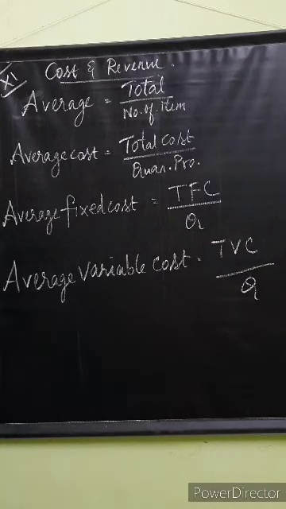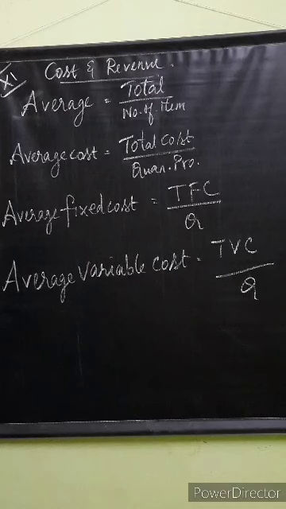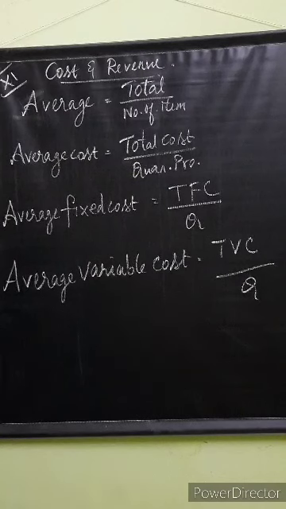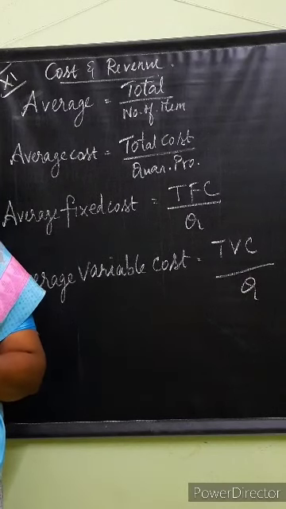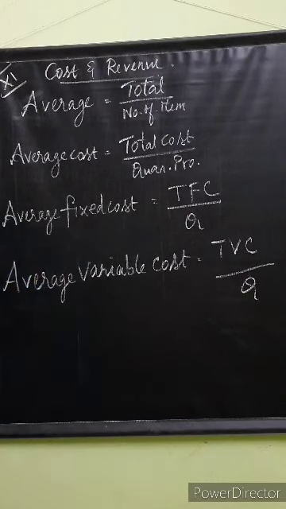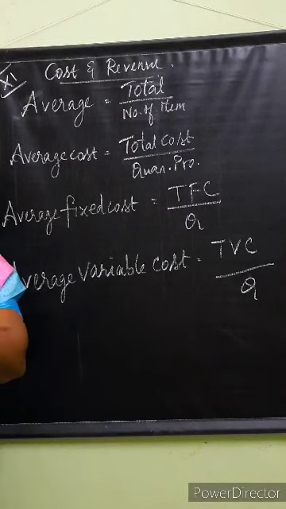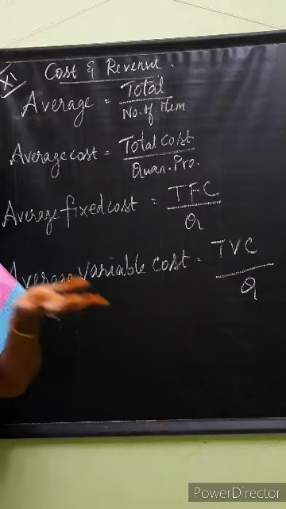Today we are going to learn the remaining part of the lesson, cost. In the previous classes, we learned what is total cost, total fixed cost, total variable cost, isn't it? The fixed cost remains constant whatever the output, isn't it?